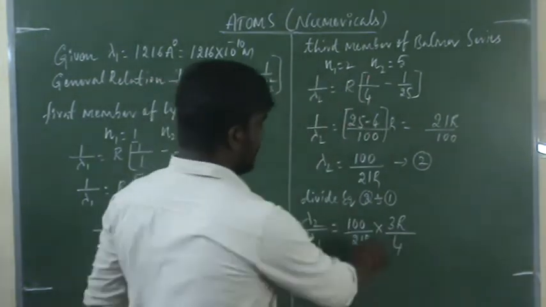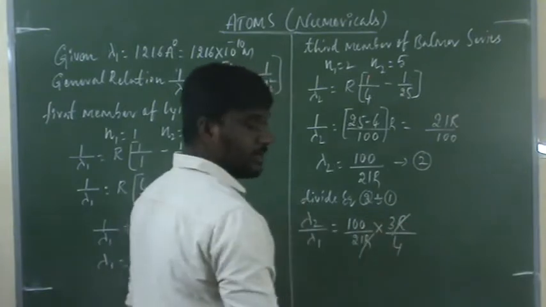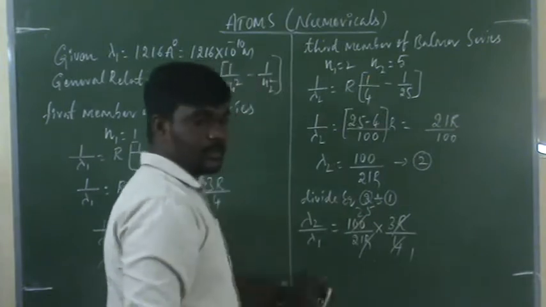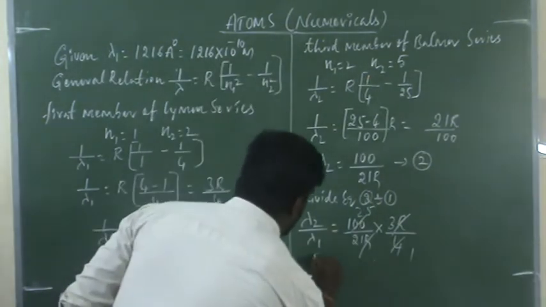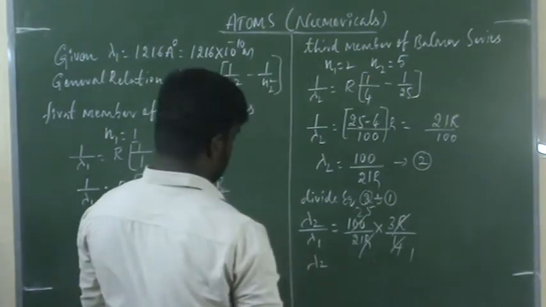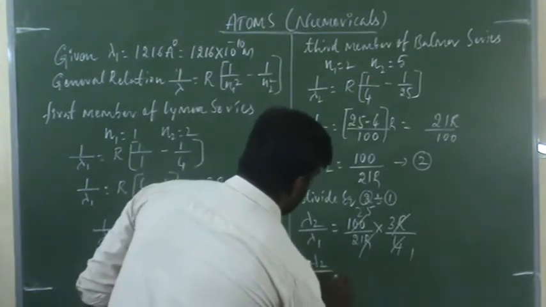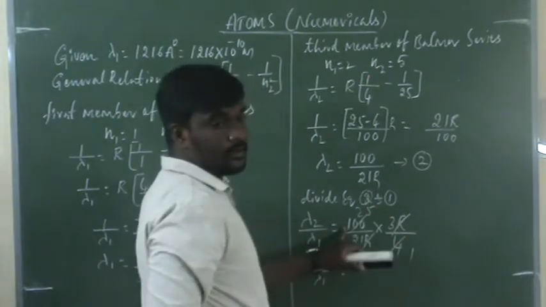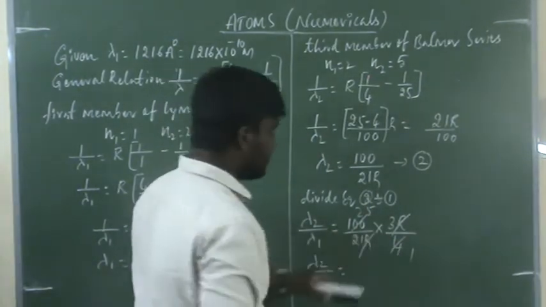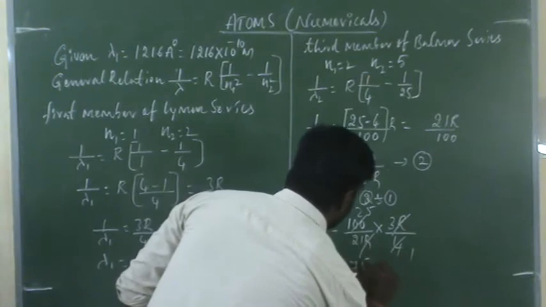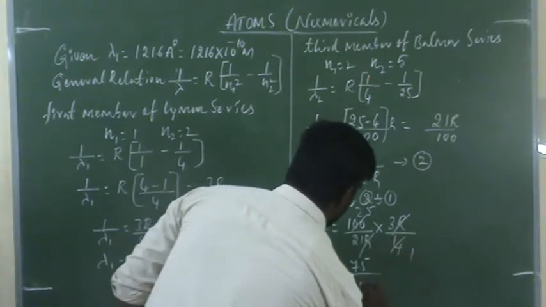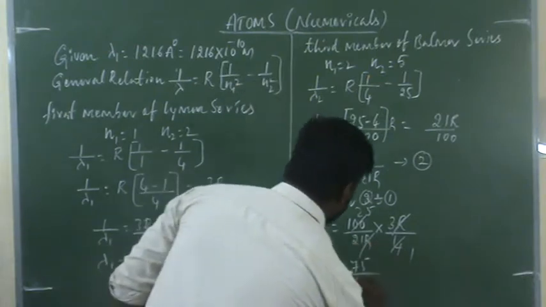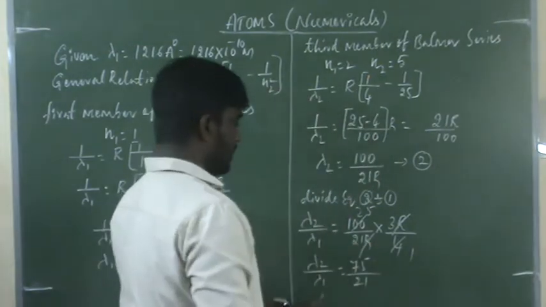Here R gets cancelled. 4 ones are 4, 25s are 100. So lambda 2 by lambda 1 equals 25 into 3, which is 75, by 21 into 1, 21.